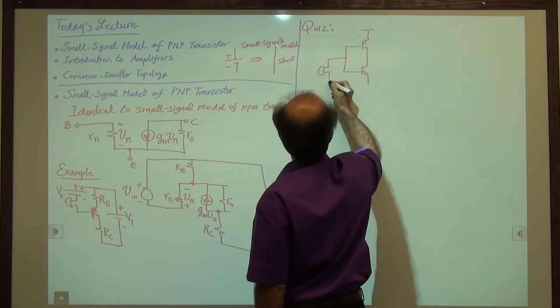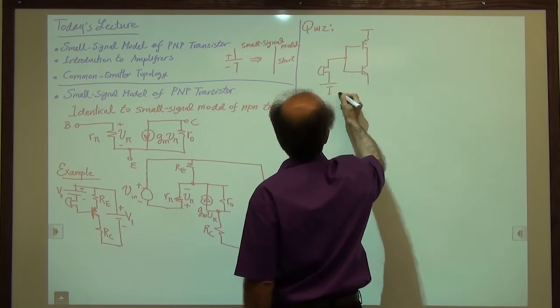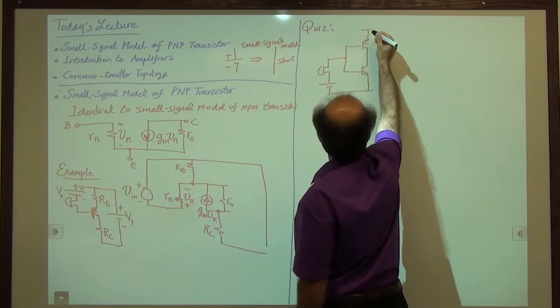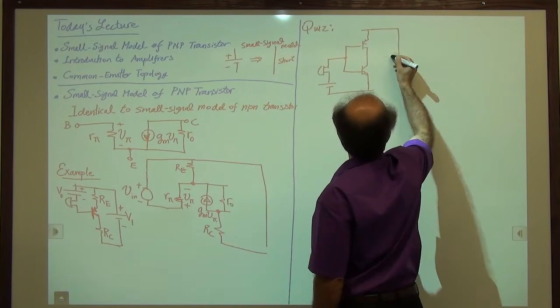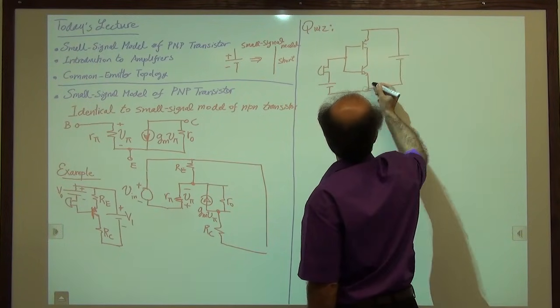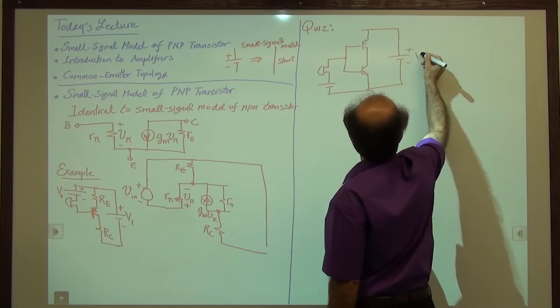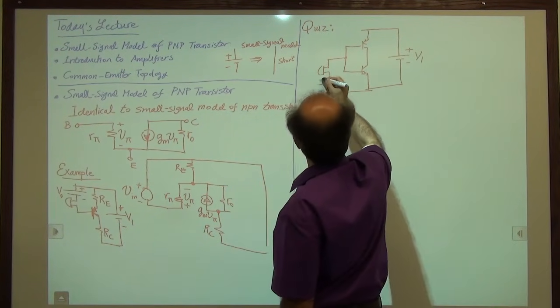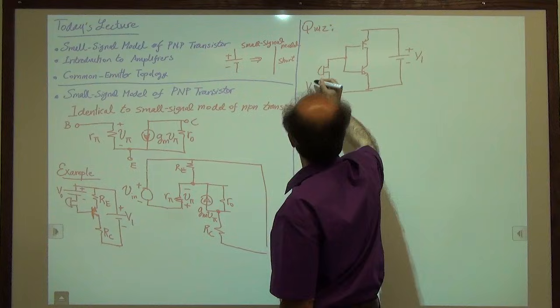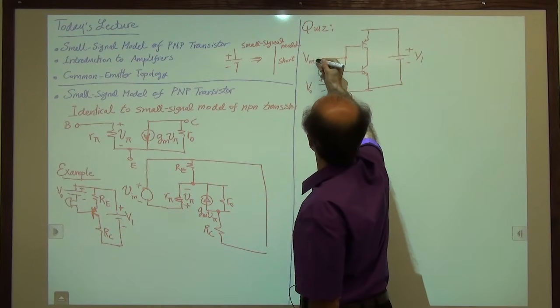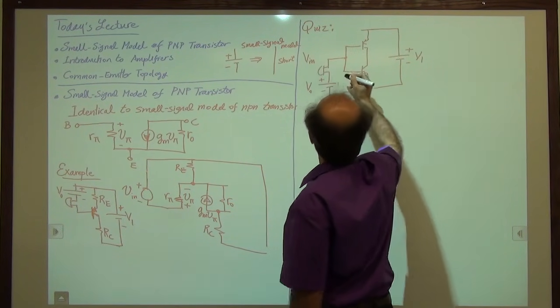So again, I draw a microphone. You can always just draw it as a voltage source, a variable voltage source. So that's a battery. This is another battery. This is a microphone. We call it Vin.